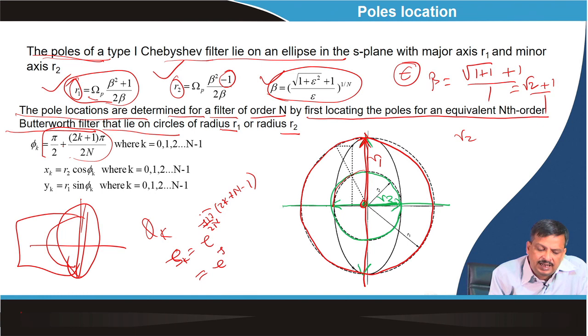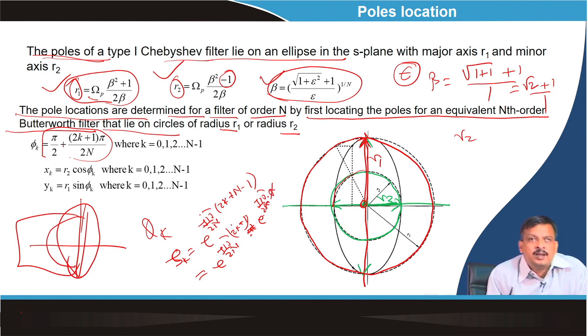It is e to the power j pi by 2n into (2k minus 1), into e to the power j pi by 2n into n, where n cancels, so j pi by 2.